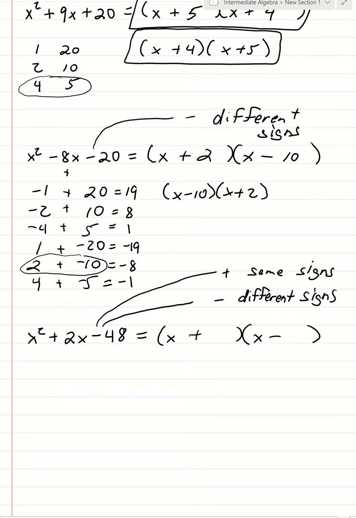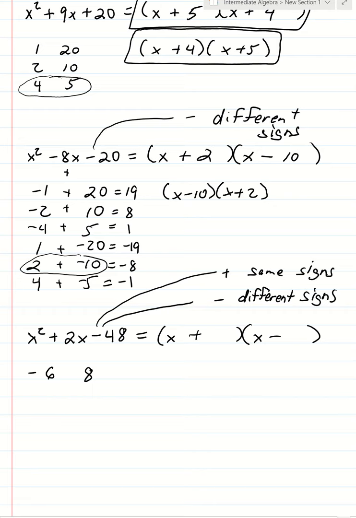And now I need to come up with two numbers that multiply to a negative 48 and add up to a positive 2. Well, there's lots of numbers that multiply to 48. Think about your different pairs, okay? The one pair that comes to mind that would work in this particular case would be a negative 6 as well as a positive 8, okay?